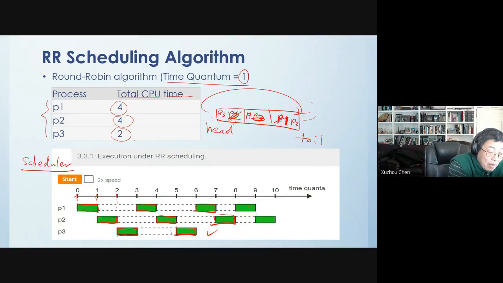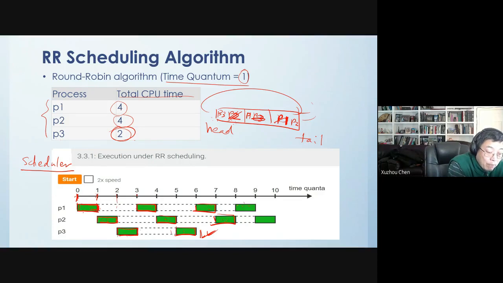Process 1 initially gets the CPU every 3 time units. At time 0 it got the CPU, and at time 3 it got the CPU, because at times 1 and 2 it was run by the other processes. When process 3 is done with its job, it's only between process 1 and process 2.